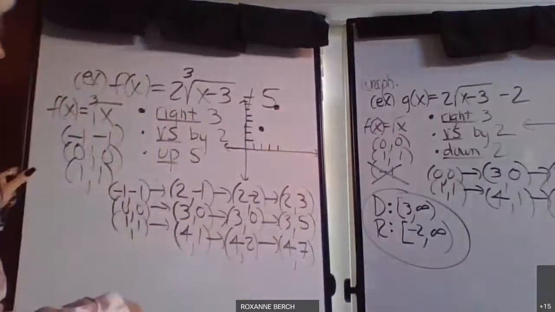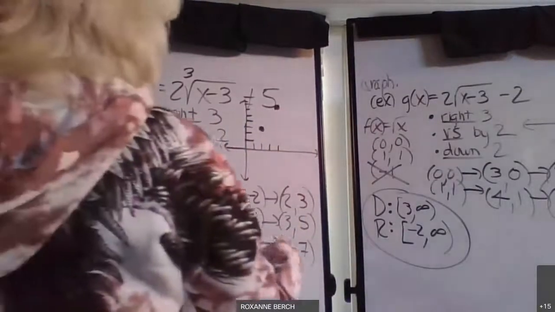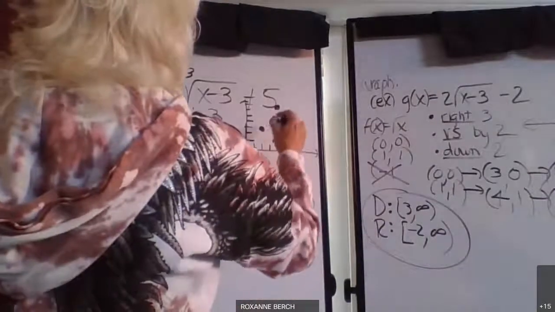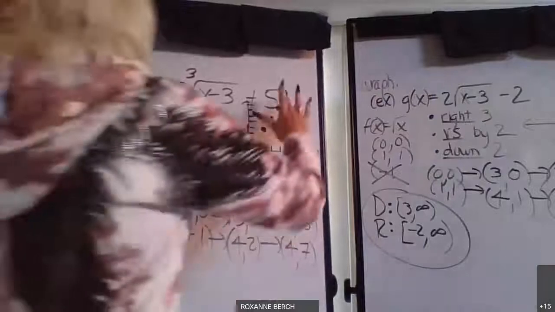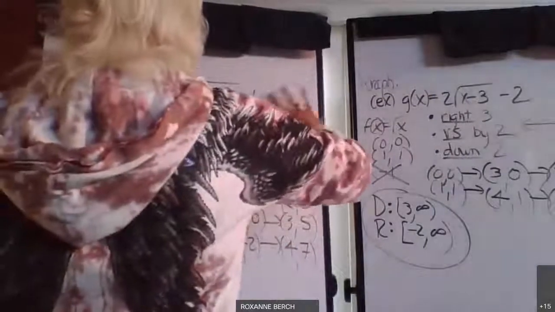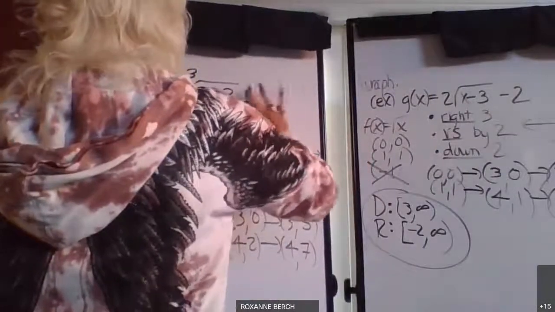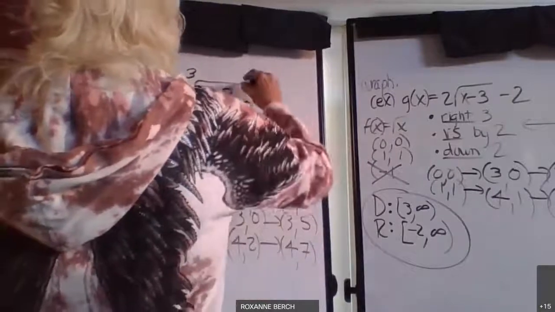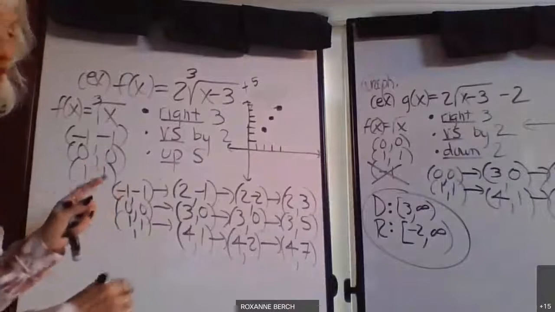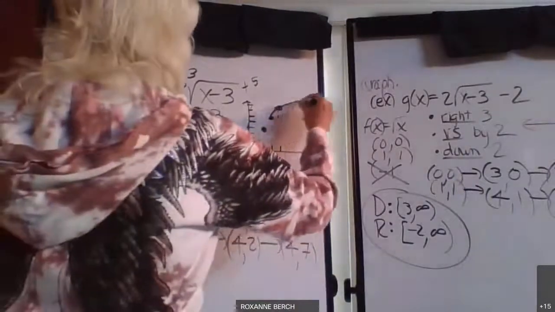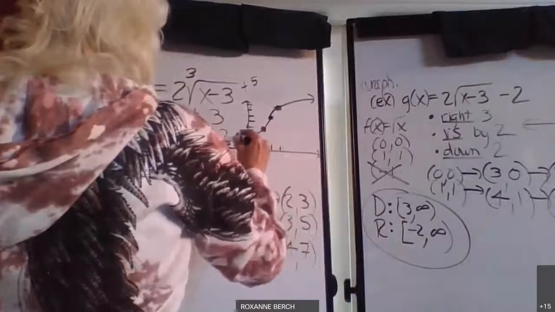And you're graphing right 3 up 5. So do not draw a line. You want to draw the snake sideways because of the cube root. So this goes off to the right and that goes off to the left.